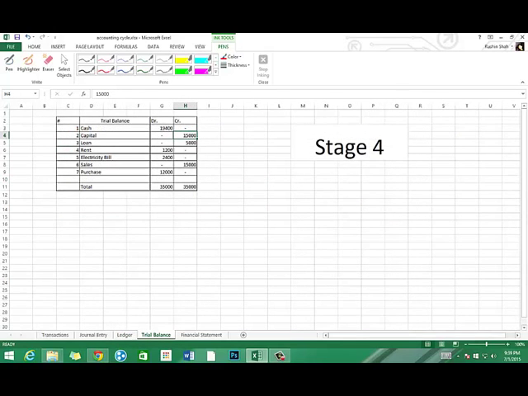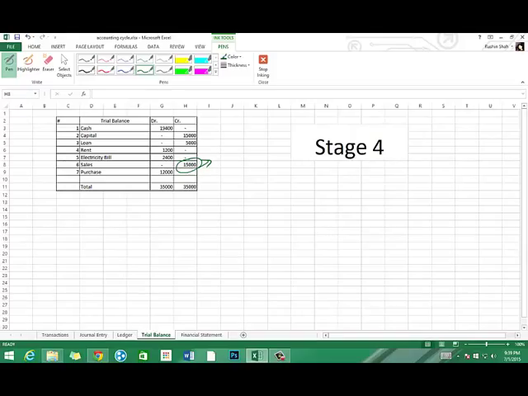So in the trial balance we just need to find out the total. If you have 500 stores, here you can see the total sales is this, and the total purchase is this, and so on.